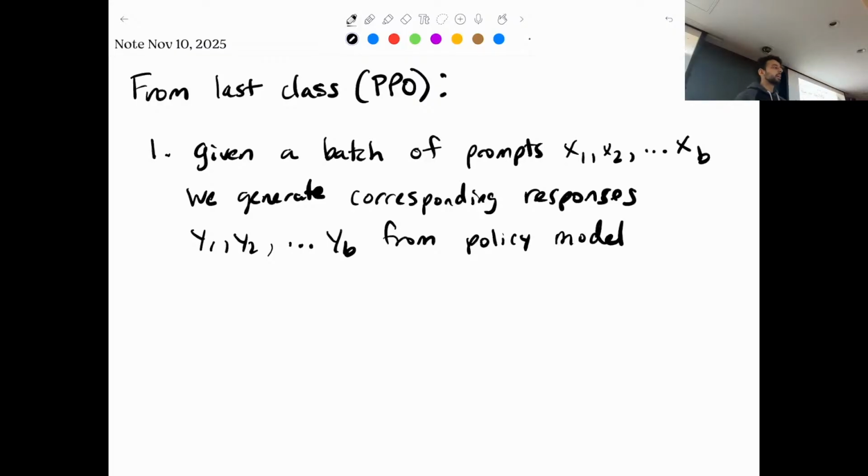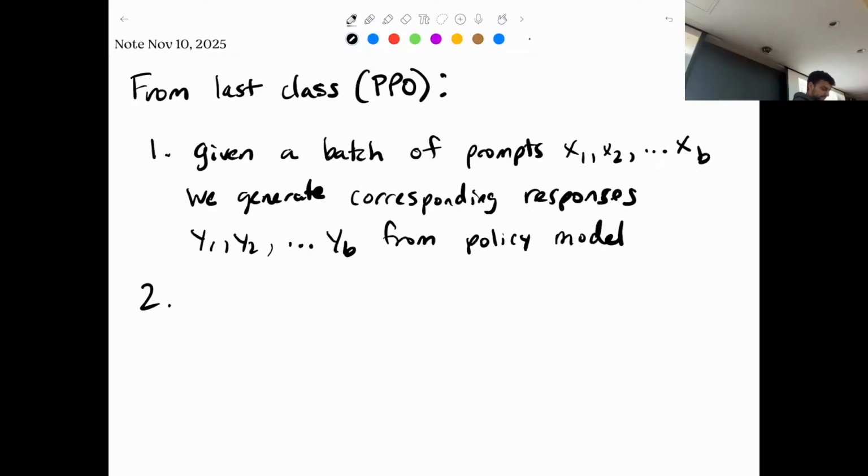Note that as we discussed this algorithm in the last class, we're only going to be producing one response, Y, for each prompt, X. We will change this when we start talking about GRPO, where now for each prompt we'll produce multiple different responses and use those to compute our baseline.